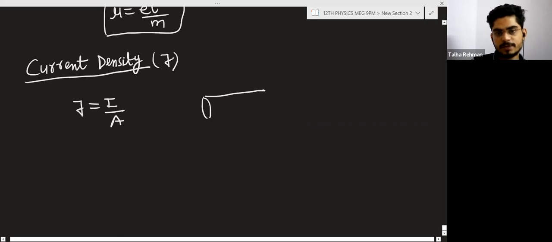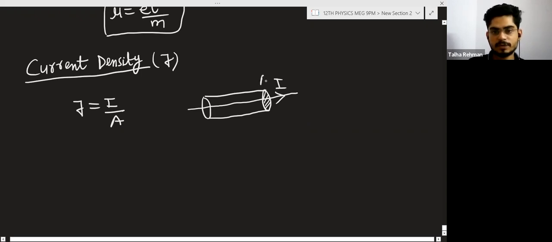Suppose this is the conductor and this is the cross section area, and current I is flowing through it. Then J is equal to I by A, and from here I is equal to J into A.